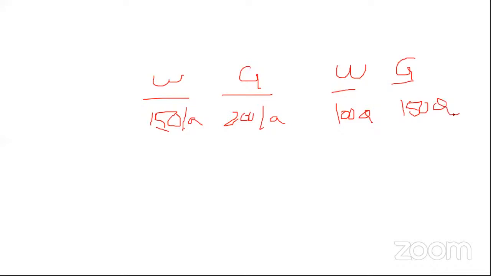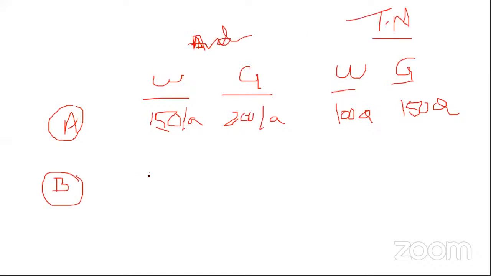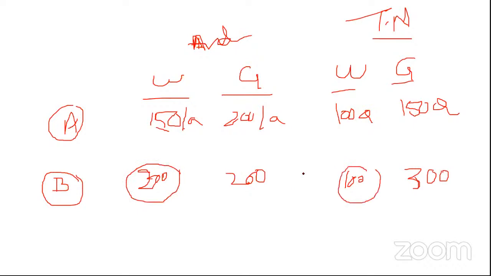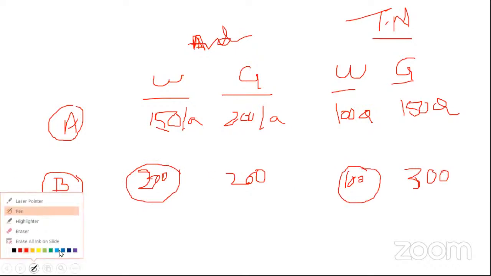This is situation A. This is region A, Andhra, and this is Tamil Nadu. This is situation 1. Another possible situation: here wheat production gives 200, and here wheat production is the same, 100. The groundnut production is 200 here, but there the groundnut production is 300. This is 200, 100. This is situation B. It is clear for each and everyone.